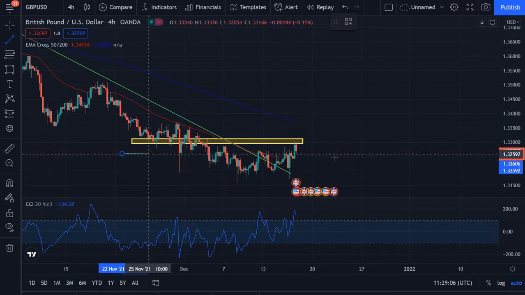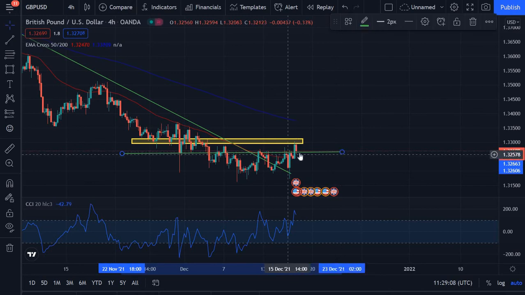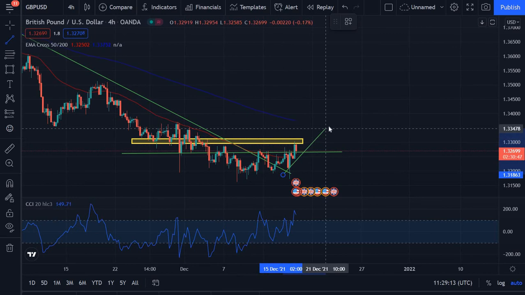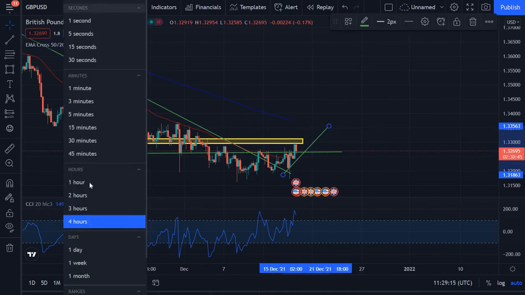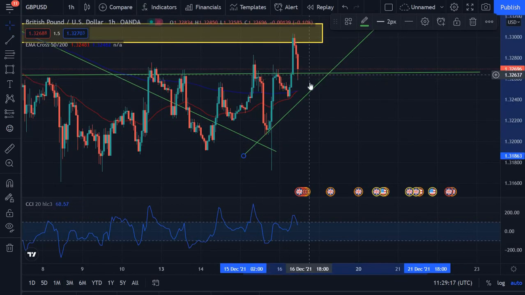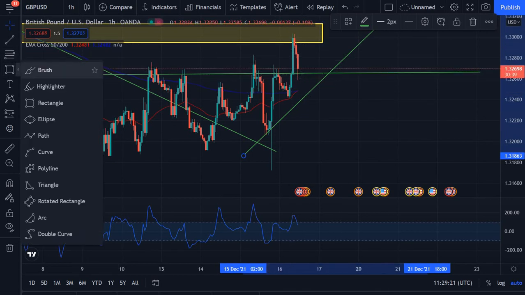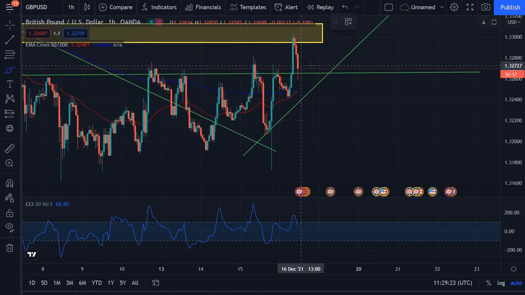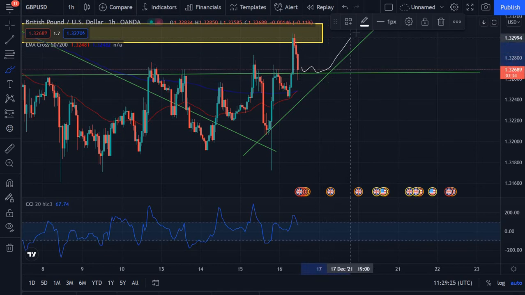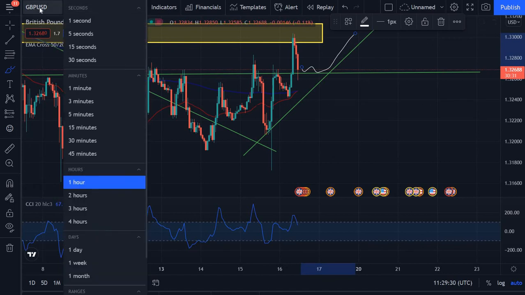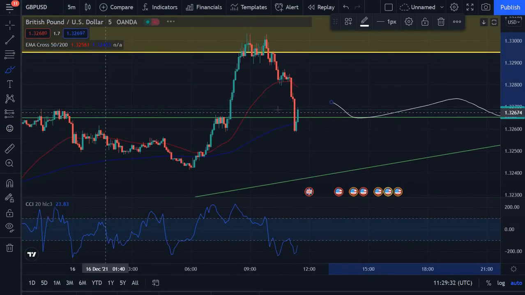Now here was the breakout and now the retest, so it looks like we could continue to go higher, but for now I would wait, since here is the trend line and here the support line that we broke. Here I would look for a bullish entry point. So this was GBPUSD.